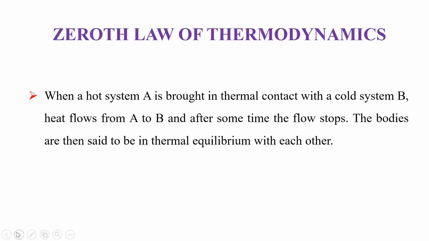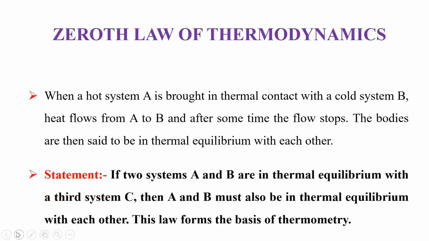Means the hot body A in thermal contact with a cold body B, heat flows from A to B, and after some time the heat flow stops. These two bodies A and B are in thermal equilibrium with each other.